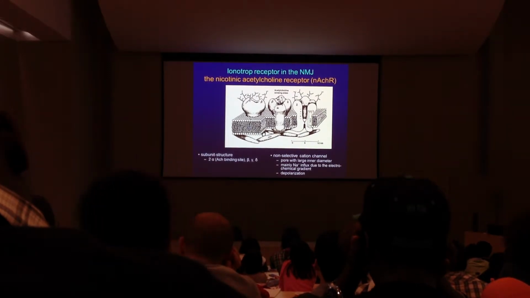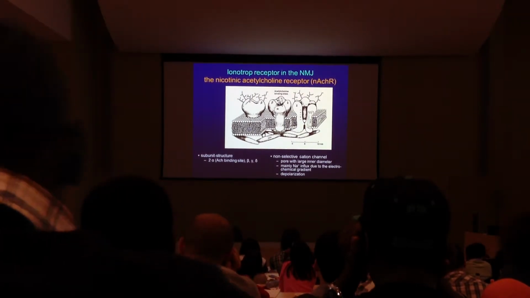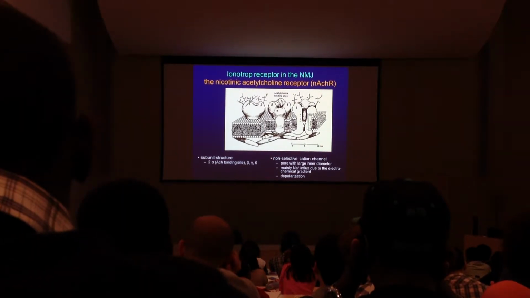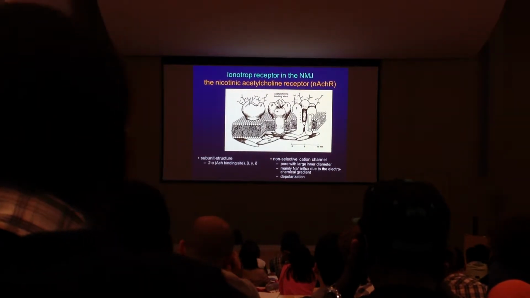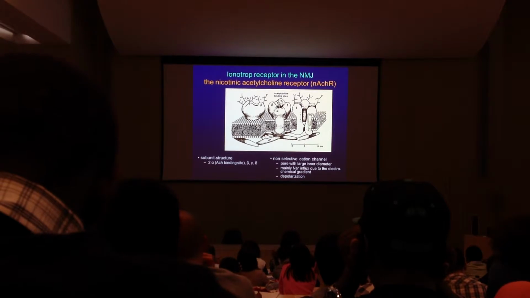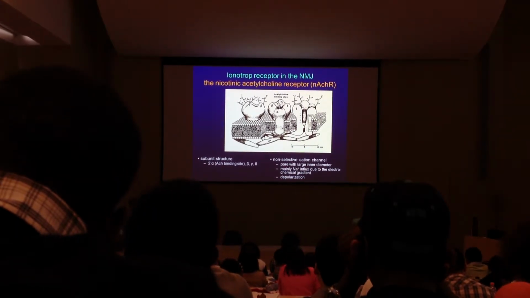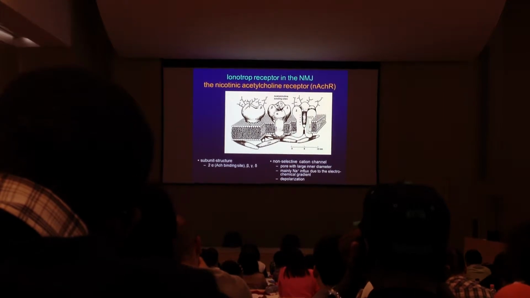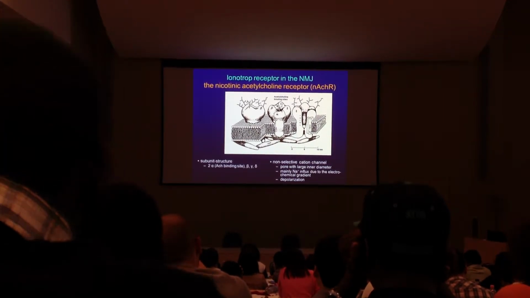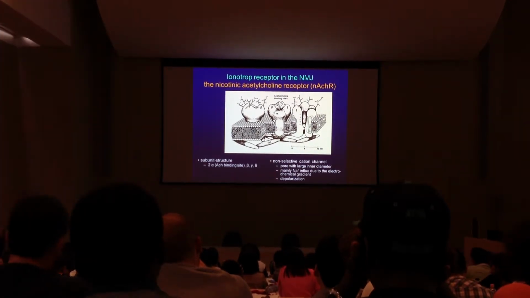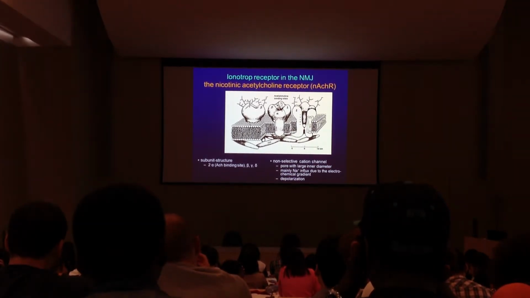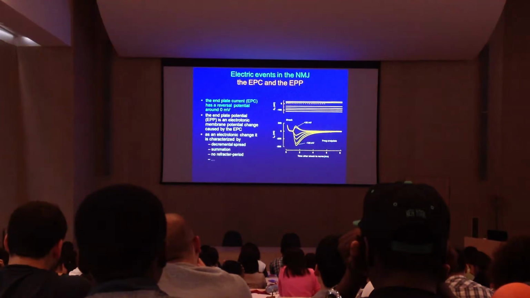So there is mainly a sodium influx under physiological conditions through these nicotinic acetylcholine receptors. And this sodium influx generates a depolarization on the postsynaptic cell, in this case on our muscle. And this depolarization will then initiate the action potential on the muscle that we would like and use for contraction.